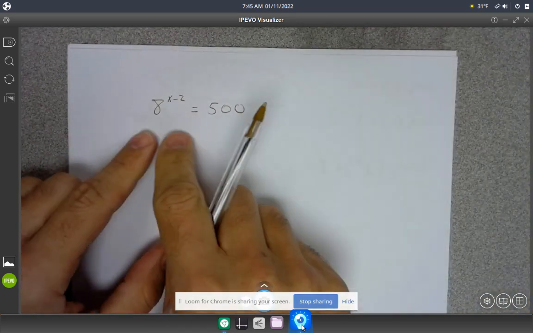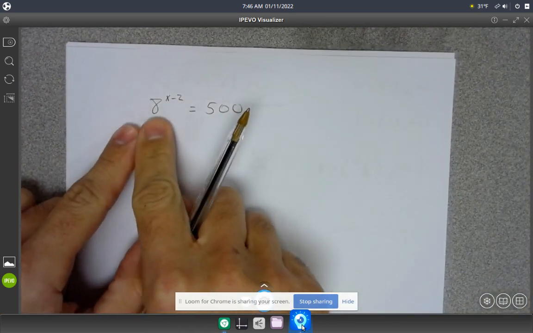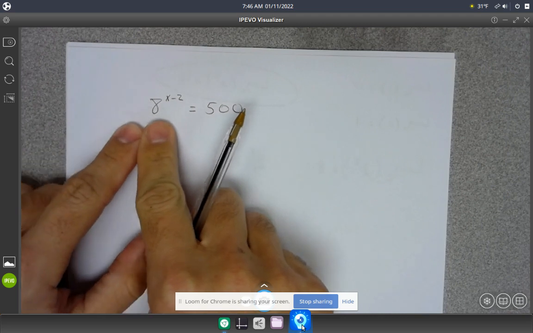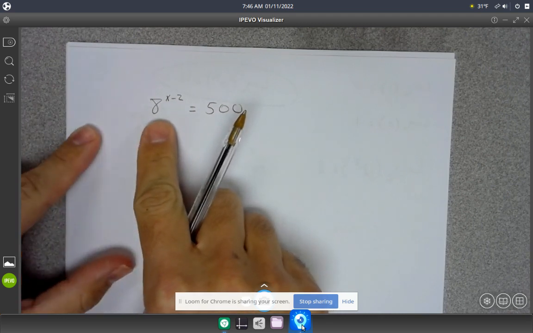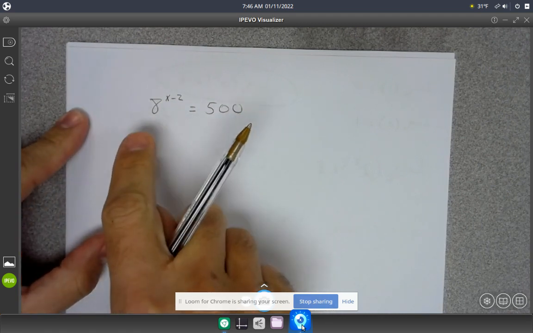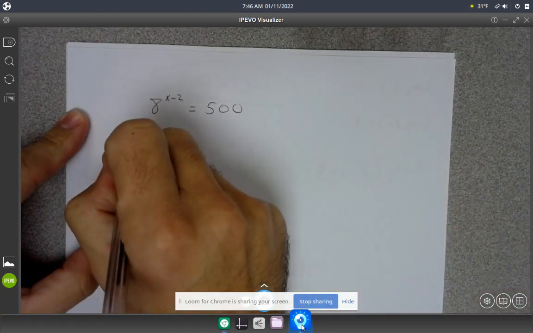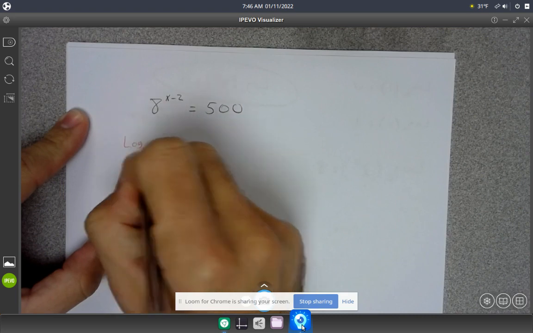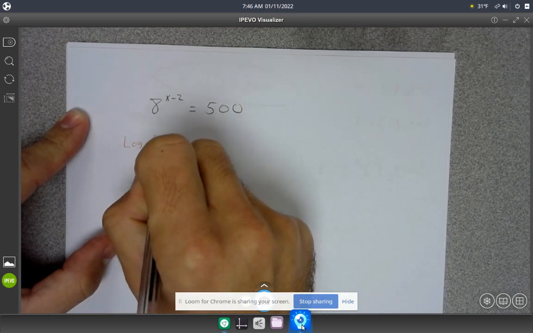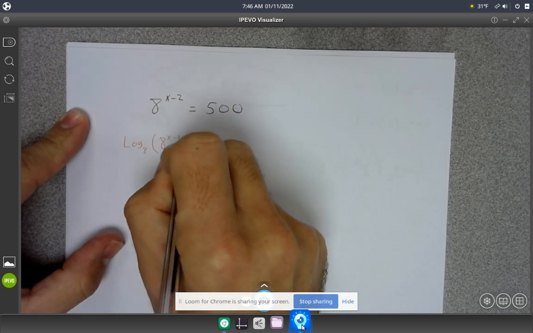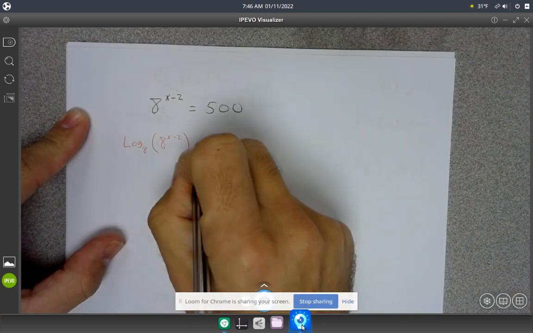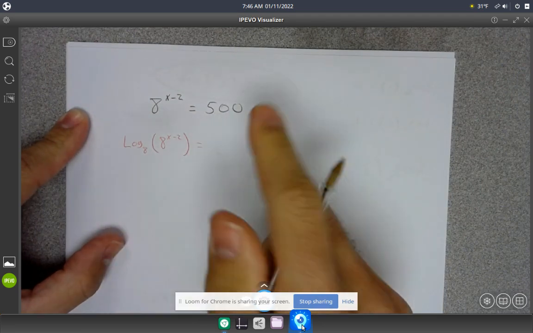So my base is 8. In order to get rid of this little exponential junk, I'm going to take the log base 8 of both sides here. So I'm going to do log base 8 of the left side, 8 to the x minus 2. And I'm going to do log base 8 of the right side.